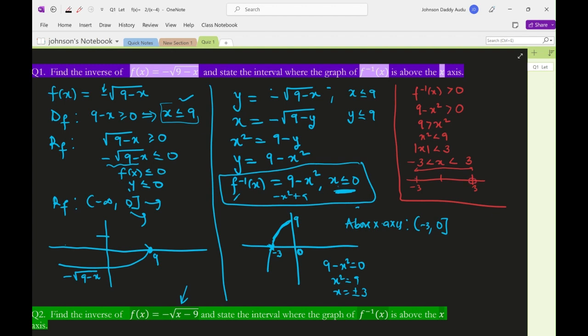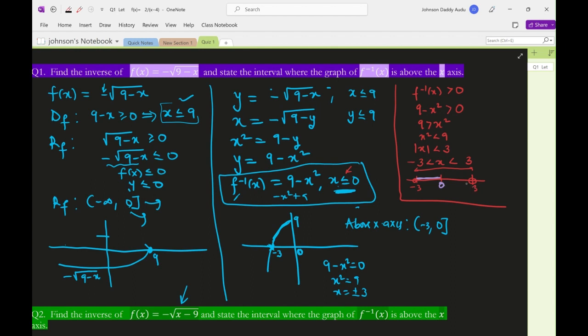But don't forget, 3 and minus 3 are open. But because of the condition we have on x here, you can only take something that is less than or equal to 0. So you can only consider this part, from minus 3 to 0.